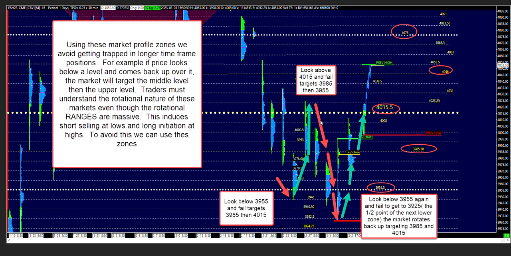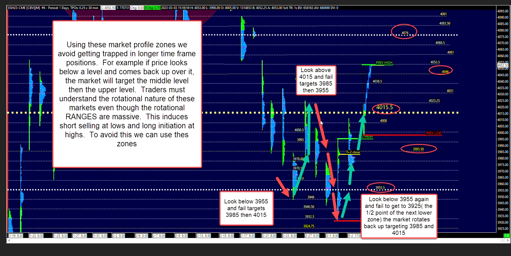We have illiquid markets with very large ranges. I will do a little video on liquidity as well. These markets have huge ranges, and what that does is it messes with people's heads and they think sell-offs are bigger than they are and they're sustainable, and moves up are bigger than they are and they're sustainable. And that induces short selling at the lows and long initiation at the highs.